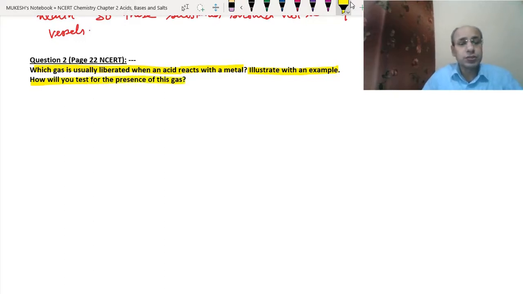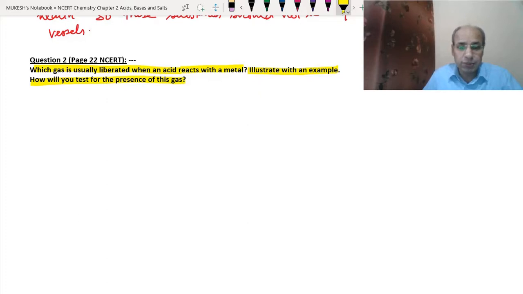Students, as we have studied the properties of acids, we studied the reaction of acids with metals. I told you that only the reactive metals, meaning the metals which are more reactive than hydrogen, react with the acids and release hydrogen gas.